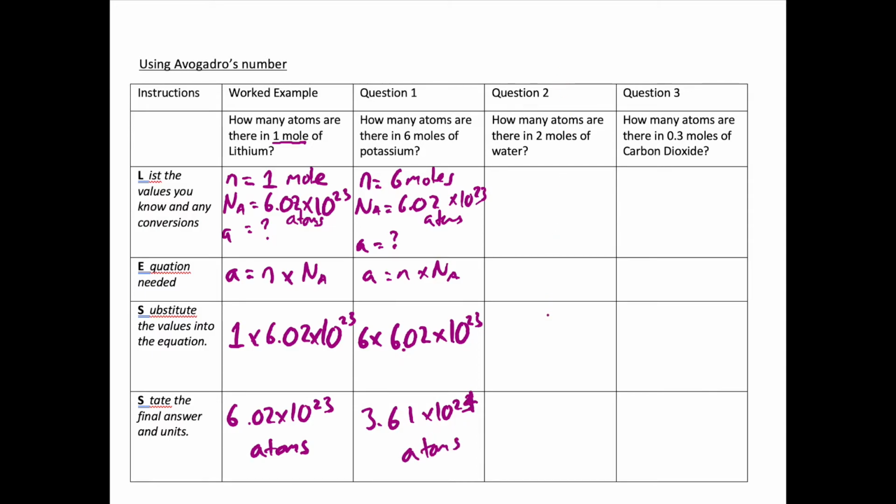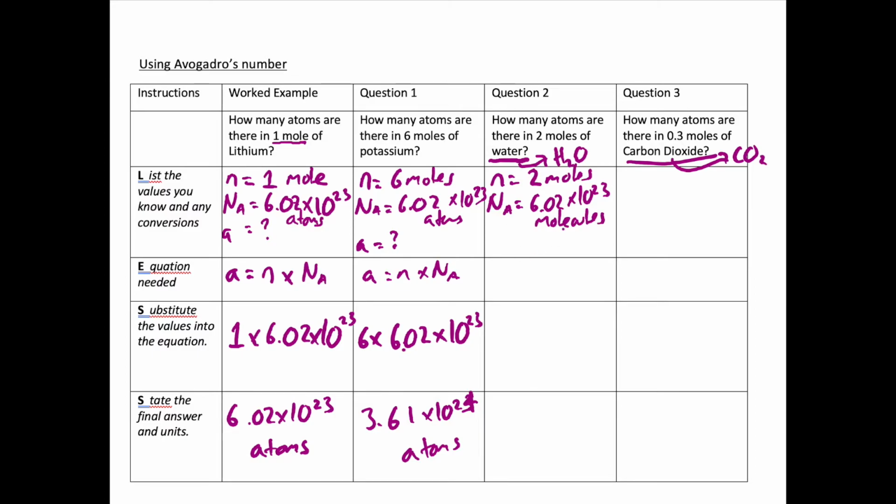So question 2, we're now looking at a molecule. So water is H2O, carbon dioxide is CO2. So we've been told we've got 2 moles of water, and Avogadro's number is now in terms of molecules.